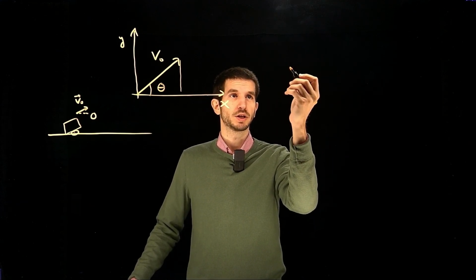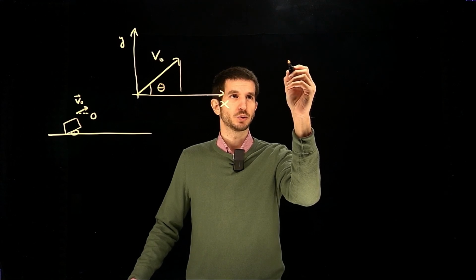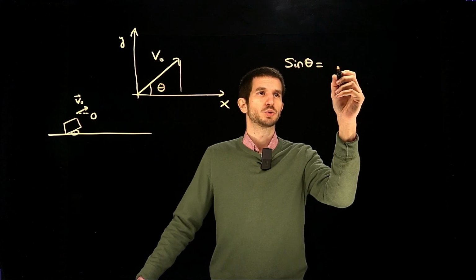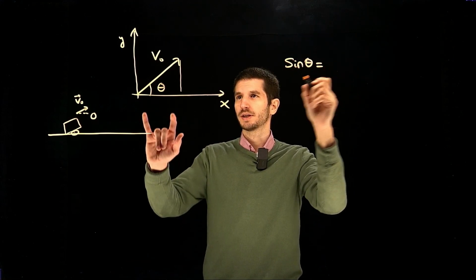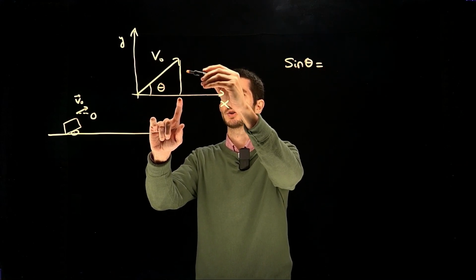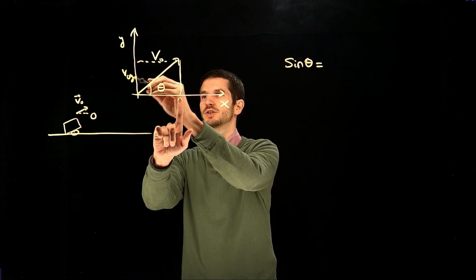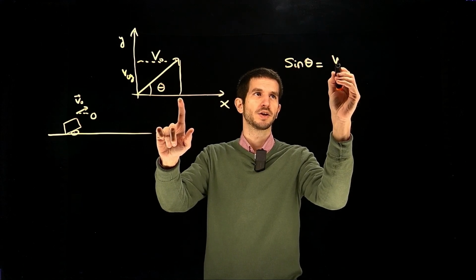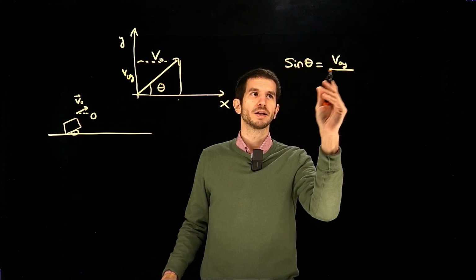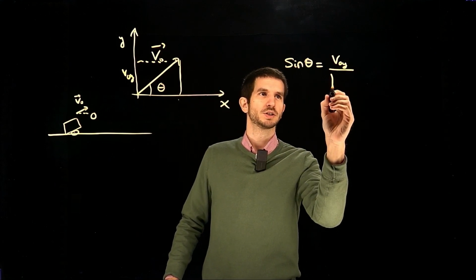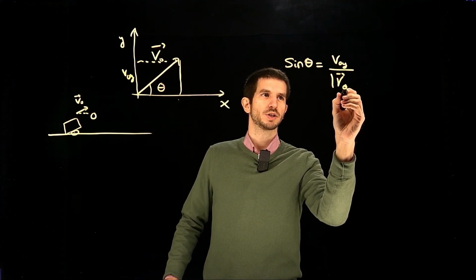We can start with the sine of theta. It's equal to the opposite side, and the opposite side is going to be this, and if you see, this is just the y component of the initial velocity, so that's v sub 0 y divided by the hypotenuse, which is the modulus of the initial velocity vector.